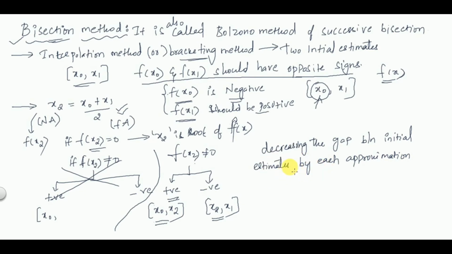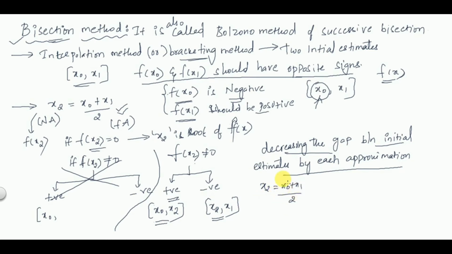You will understand this clearly when we solve a problem, so don't worry about that. We are decreasing the gap between the initial estimates with each approximation, because x2 is x0 plus x1 by 2, the average value of x0 and x1.